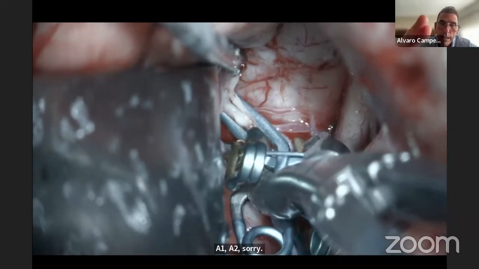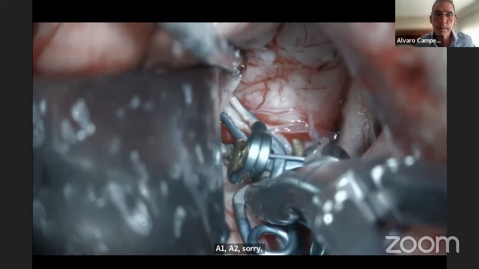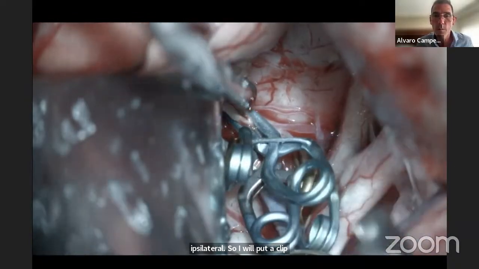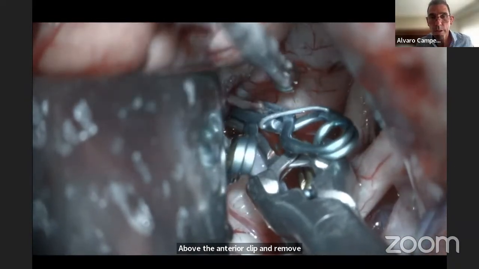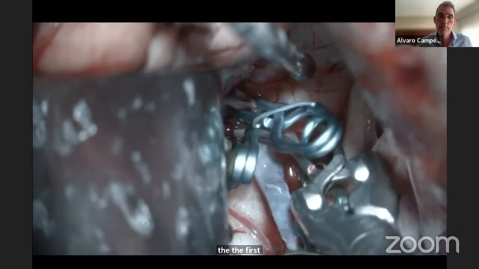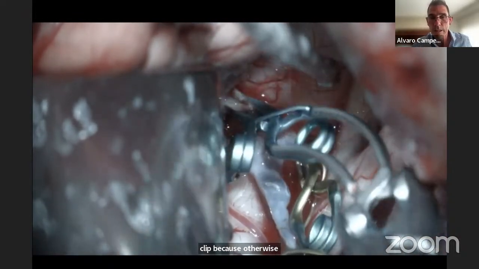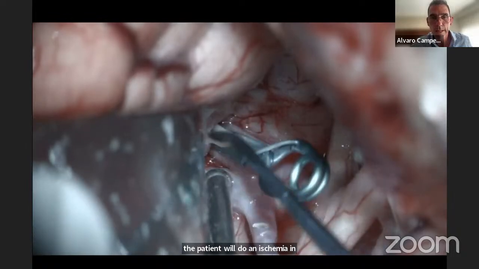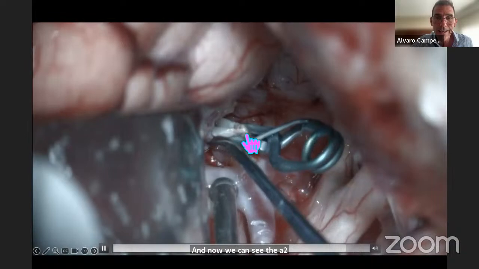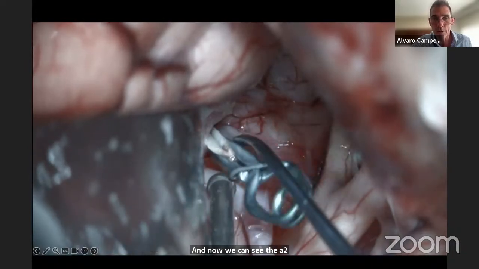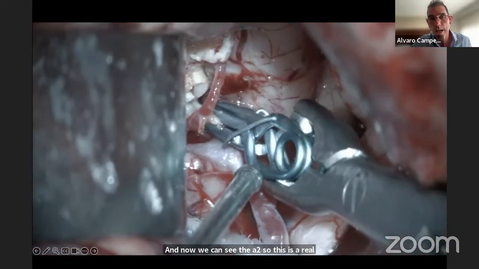So I will put a clip above the anterior clip and remove the first clip, because otherwise the patient will have an ischemia in the post-op. And now we can see the A2. So this is a true A2 aneurysm, not an ACom aneurysm.